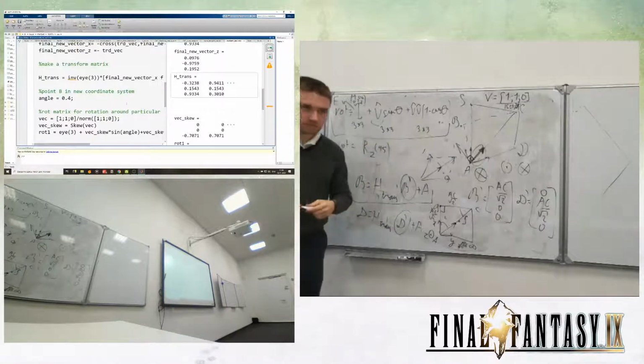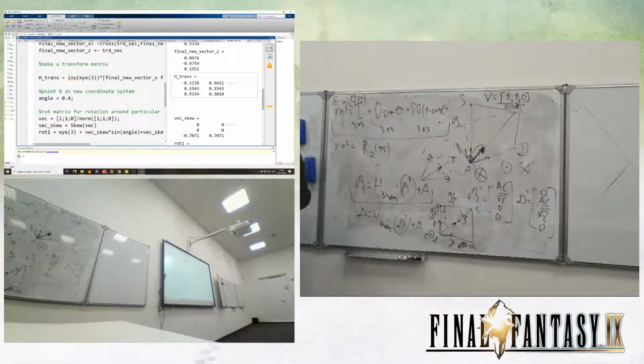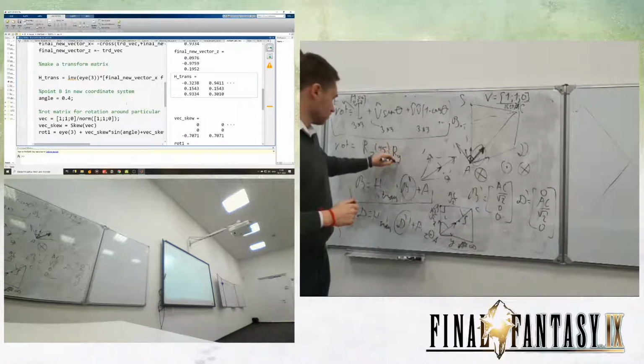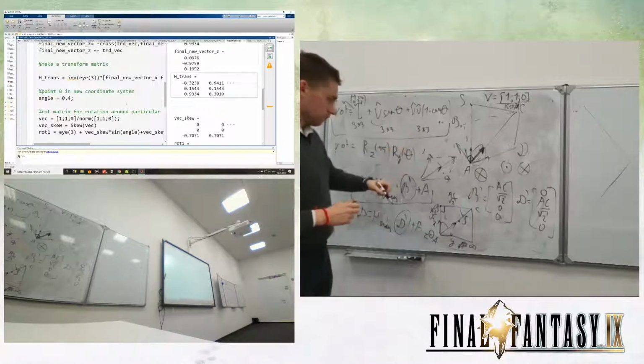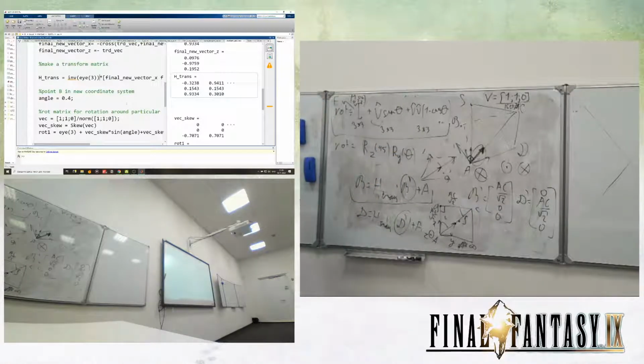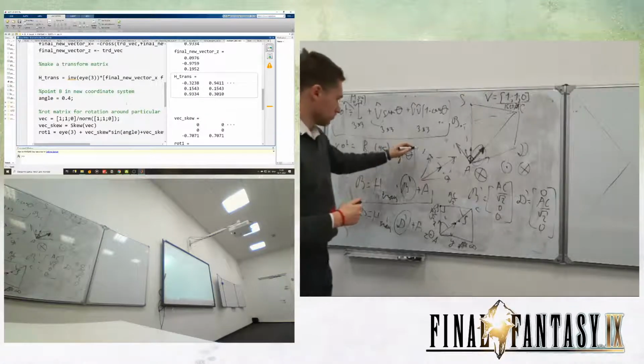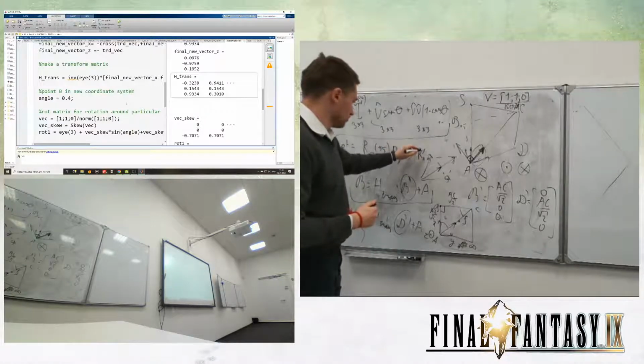What next? Rotate around the y axis by the parameter. That's it? And again rotate around the z axis. Like this.